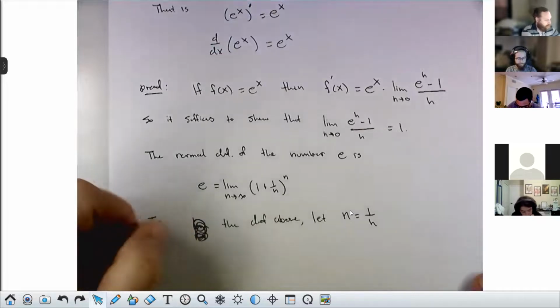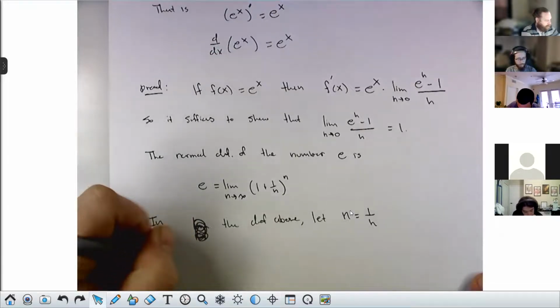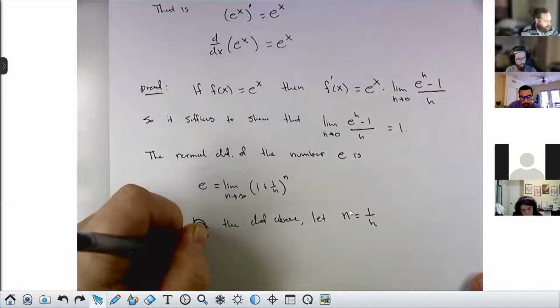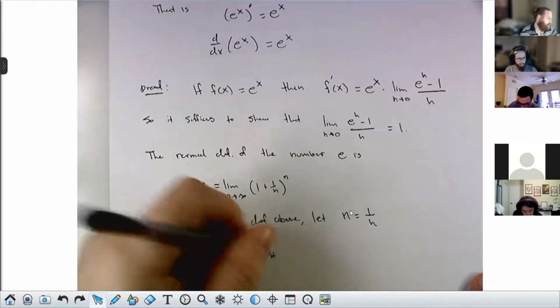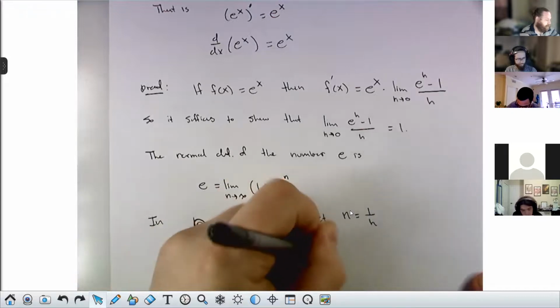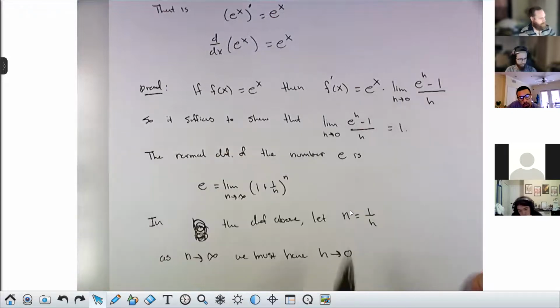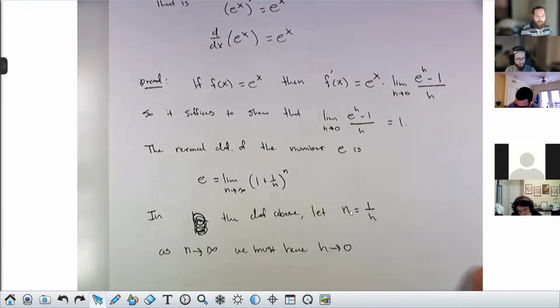If n is 1 over h, then as n goes to infinity, we must have h going to 0. For this to go to positive infinity, h needs to go to 0. Or the other way around. If h is going to 0, then this must go to infinity.